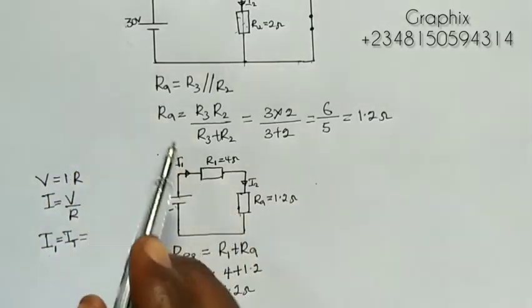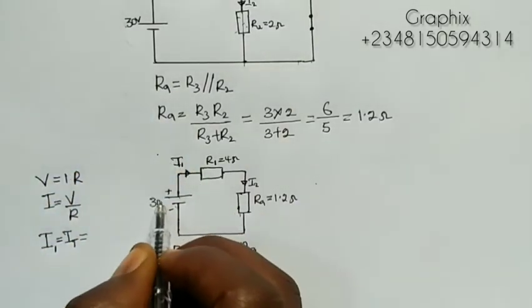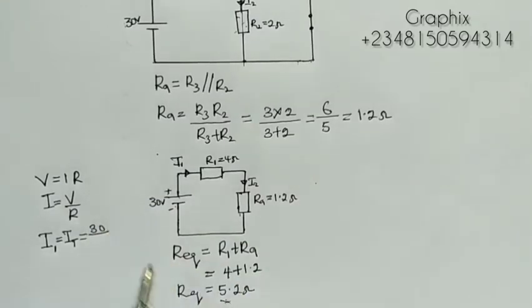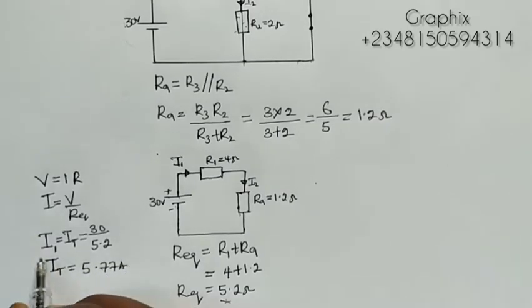It's the 30 volts that we're considering, right? So that will be 30 over the total resistance we just calculated, 5.2. 30 divided by 5.2 gives me 5.77. So my I1 or my I total equals 5.77 amperes.